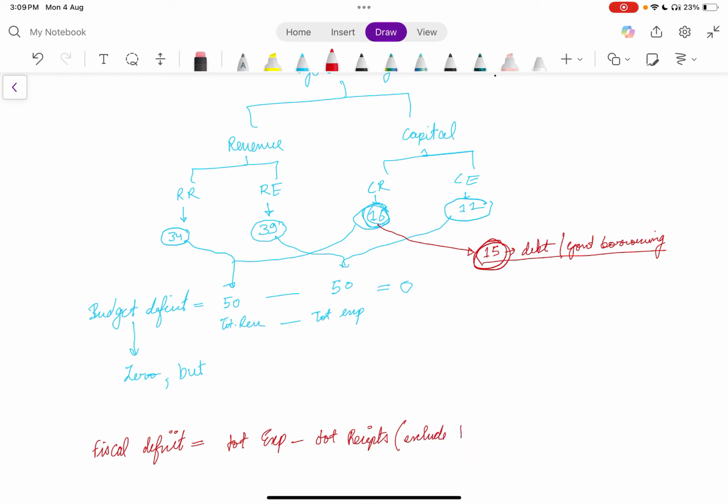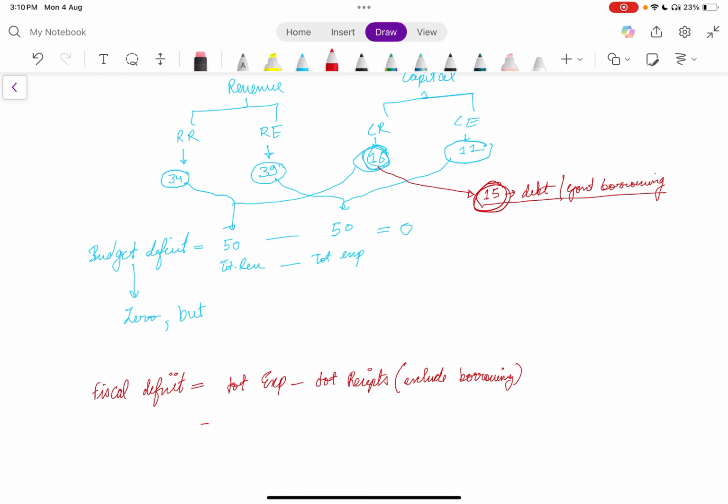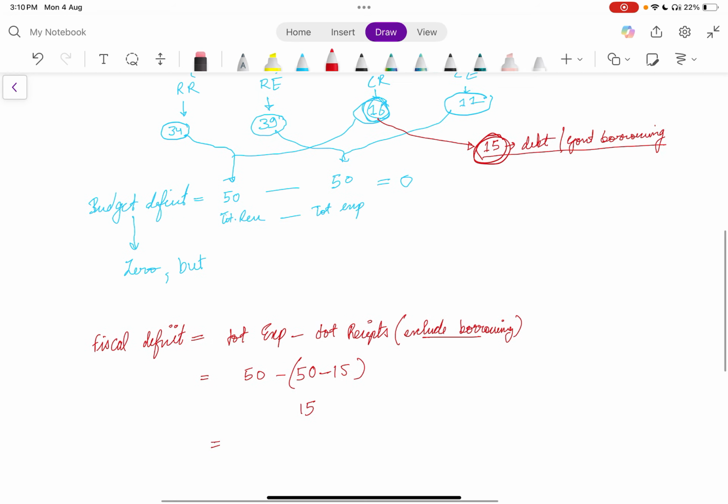So we'll exclude this borrowing. So what will be the equation? The equation will be 50 minus this 50 excluding this borrowing. So from this 50 we'll exclude 15.